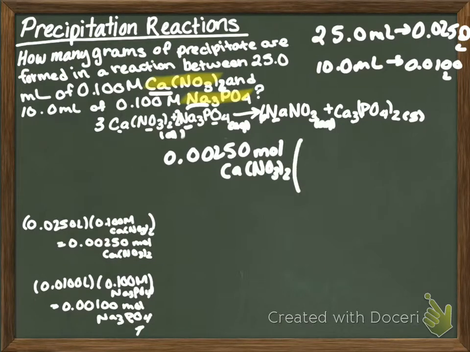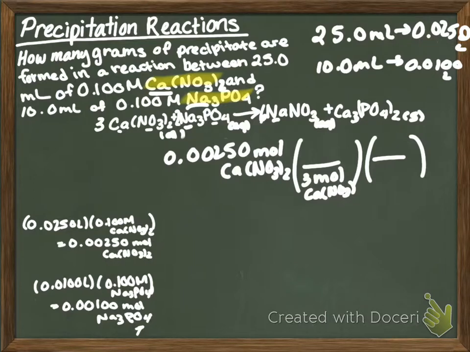and I'm going to multiply that by two fractions. My first fraction should have the number of moles of calcium nitrate and the number of moles of calcium phosphate, because that's my precipitate. That's what I'm trying to figure out the information about. In my balanced equation, my coefficient for the calcium nitrate was 3, so that's what I'm going to put here as my number of moles.